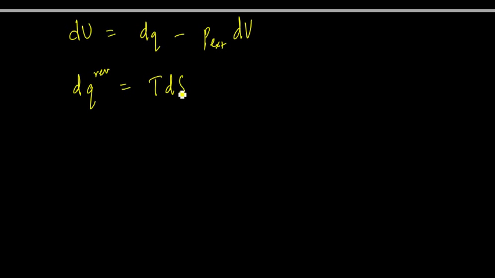Now I do one thing, I put a reversible over here, right? dU does not change. So let's consider only reversible changes. Instead of P external, I'll have PdV. If that is the case, I can substitute dq reversible by TdS and get this expression: dU is equal to TdS minus PdV.